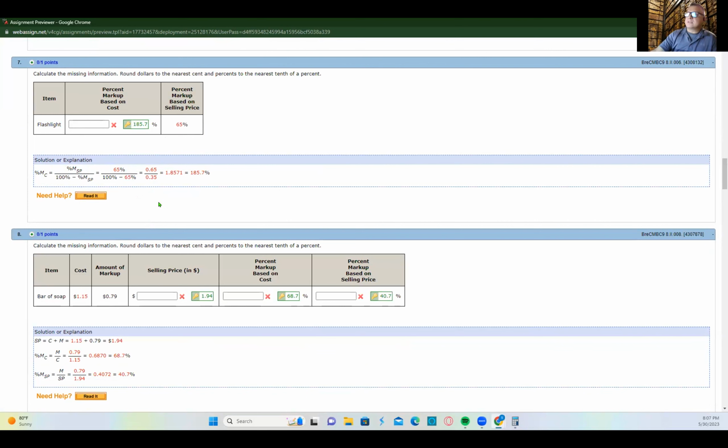We convert those into decimals, just like in the formula. When I was answering questions, I was putting stuff on the bottom in parentheses to show you need to do that part.